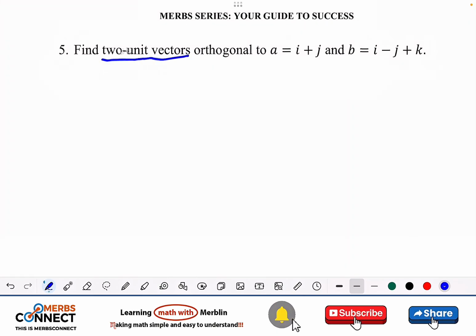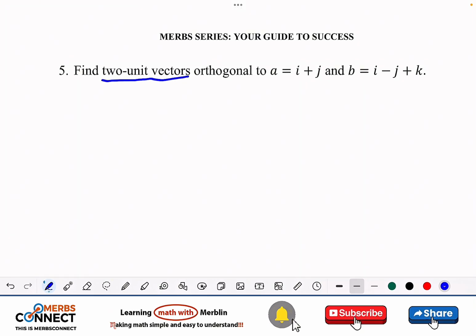So the first thing that we need to do is, with this one, if we are using the cross product or the scalar triple product, then what we need to do is, let's assume that we have C, right? So C will be equal to A cross B, right? So that is one way of getting a vector.